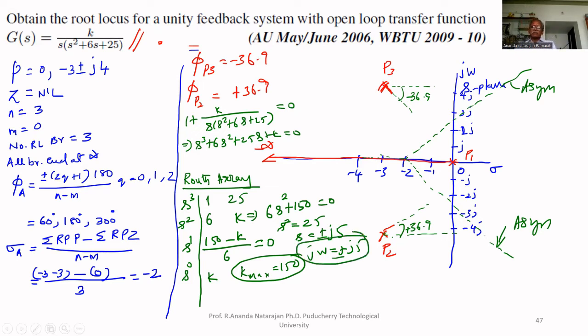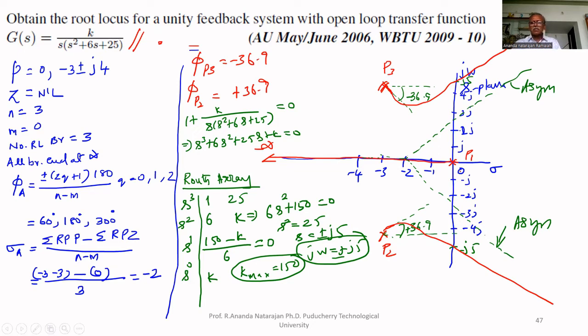Therefore, omega equal to 5. So they are meeting here, j5 here, and they are meeting at minus j5. Therefore, now we can draw the root locus that goes this way, and this also goes to infinity this way. That's all.